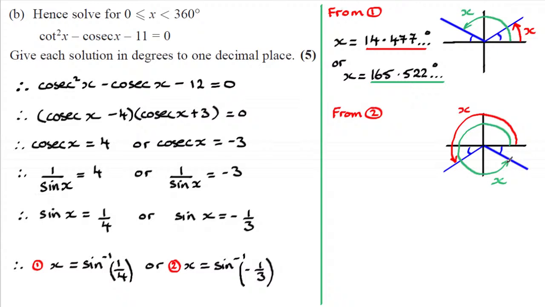Now, when you do the inverse sine of negative a third, you're going to end up with a negative angle. I know that before I even press the calculator, purely because the calculator is programmed to give you the smallest angle in magnitude, that is, to our starting value here, 0 degrees.